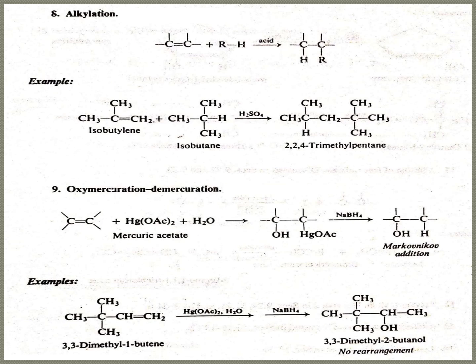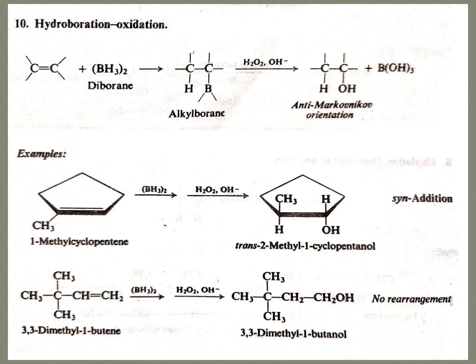It is based on Markovnikov addition. Here is one example. Hydroboration-oxidation is the addition of diborane. An alkyl borane is formed. This on oxidation is converted into an alcohol. So here two examples are there.